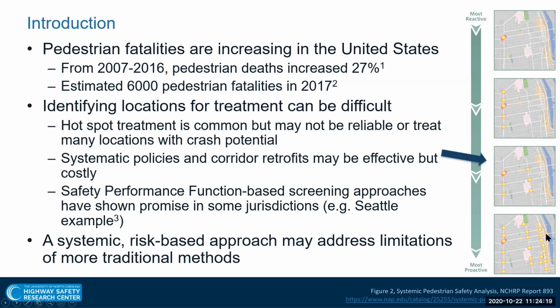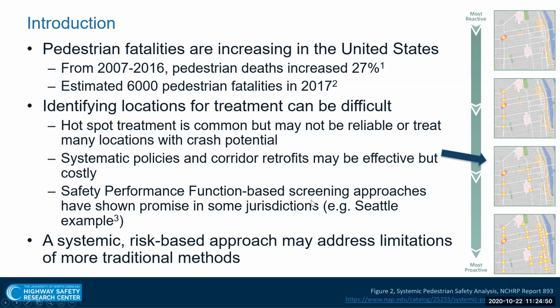And then finally, at the bottom is a more systematic or policy-based approach, where you would say anywhere we have land uses that invite pedestrians or bicyclists to walk, or we have certain parameters such as traffic signals, we should give pedestrian signal heads and leading pedestrian intervals to try to improve safety at these locations.